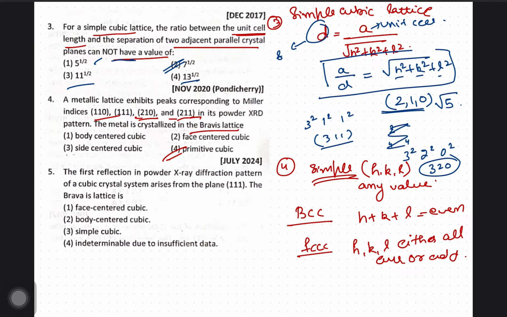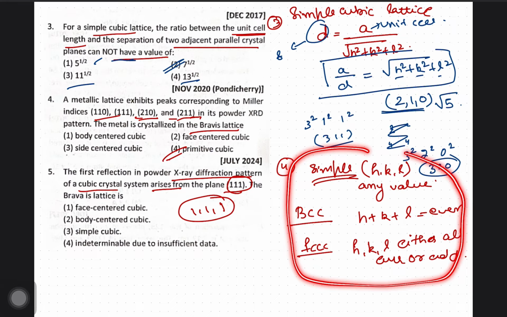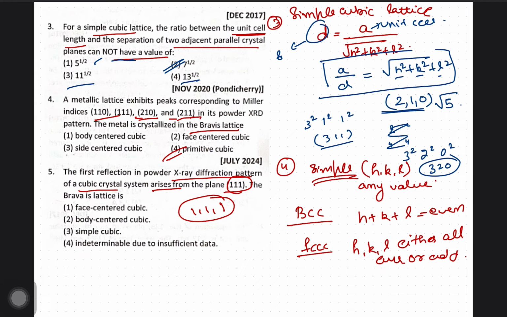Now the last question, the first reflection in the powder X-ray diffraction pattern of a cubic crystal arises from this 1 1 1. Same question, same concept we will use, you have to keep these rules in your mind. See, this is all odd, so this follows FCC, but it also follows simple cubic because any value of HKL is allowed.